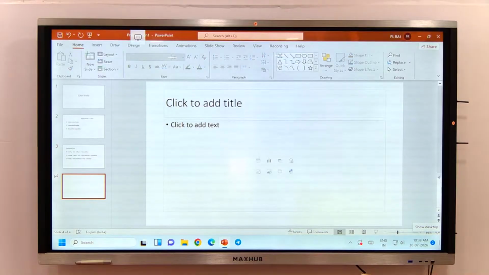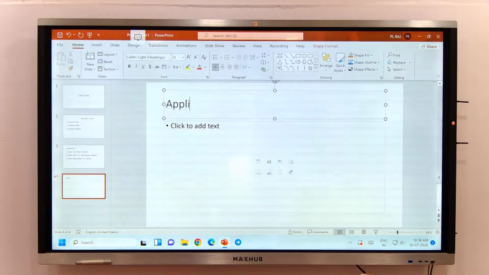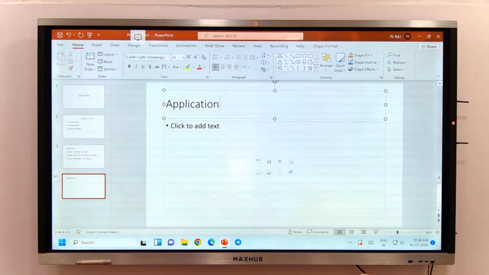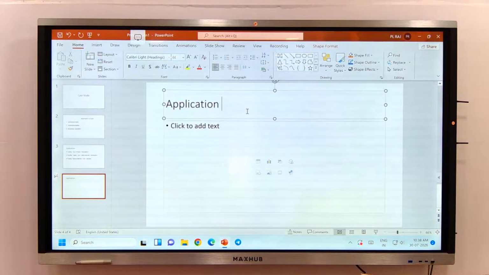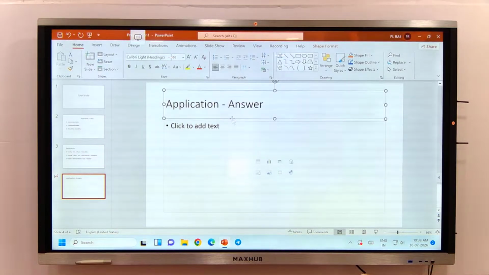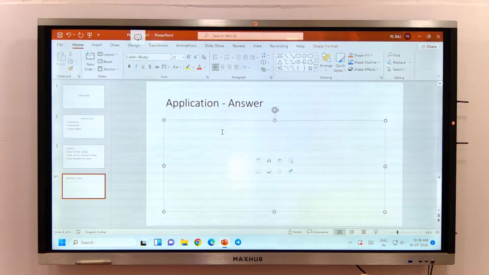Then application, that is the point. Application marks our act of answer. First one is the facts.